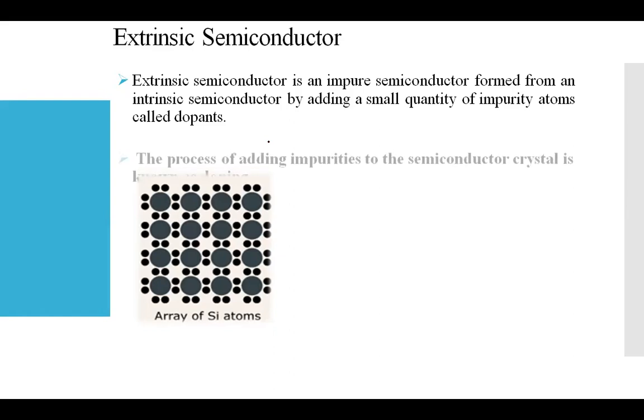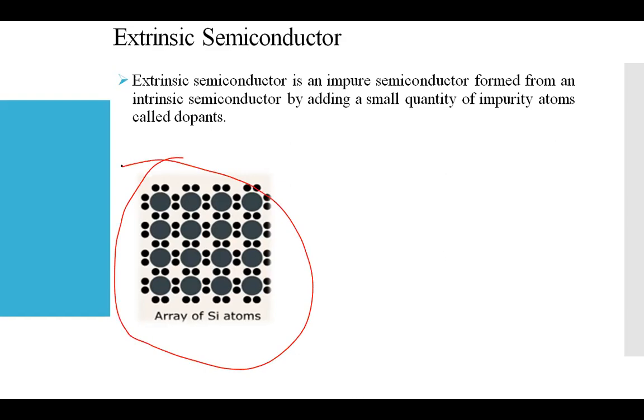Right now, in the picture, an array of Si atoms is given. Is this an intrinsic or extrinsic semiconductor in this diagram? You can identify it from the electrons and the covalent bonding.